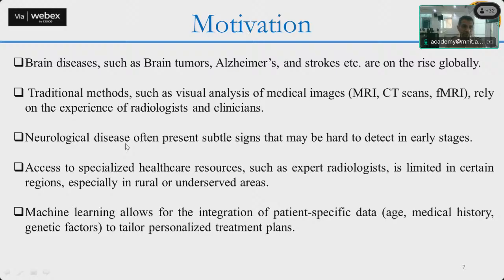Coming to the motivation, brain diseases such as brain tumor, Alzheimer's and strokes are on the rise globally. Traditional methods of visual analysis of medical images rely on the experience of radiologists and clinicians. What we are talking about here is whether we can do it automatically, without depending on the radiologist and clinician.